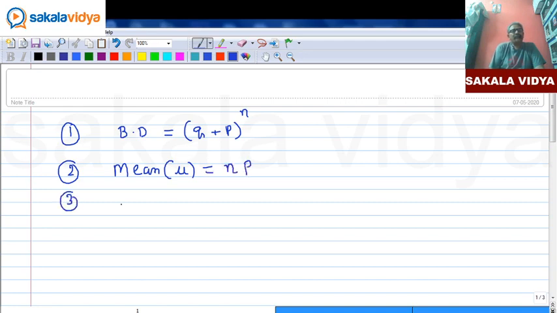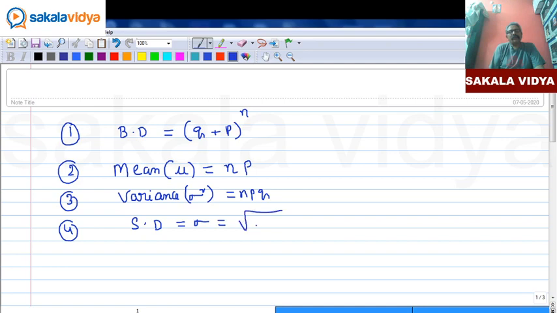Next, variance is sigma square equal to npq. Next, fourth point is standard deviation. Standard deviation is sigma equal to root of npq.